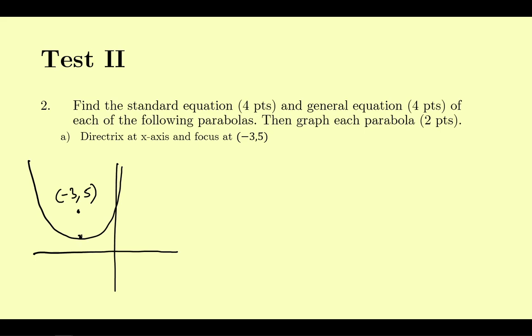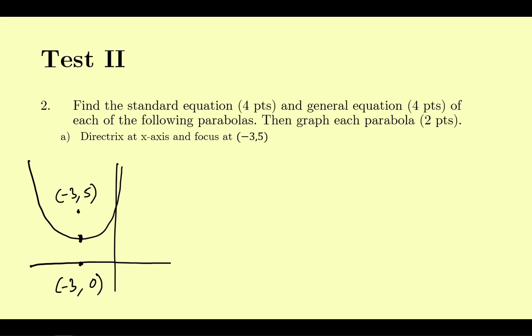So, the vertex must be between, not drawn to scale, let's fix that. Yan. The vertex must be between the focus and the directrix. Negative 3, 5. Ang katapat niya sa ilalim sa directrix is negative 3, 0.